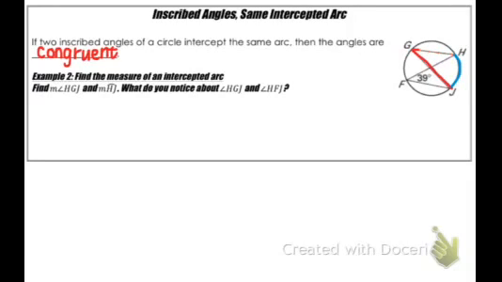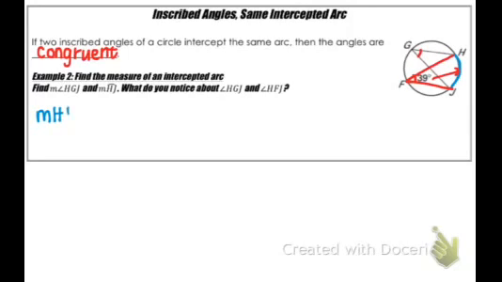Now if I erase HGJ, I'm going to outline the other inscribed angle in the picture, angle HFJ. Now notice that when I outline HFJ, it opens up to the same arc that HGJ did, arc HJ. So that means that those two inscribed angles are congruent.